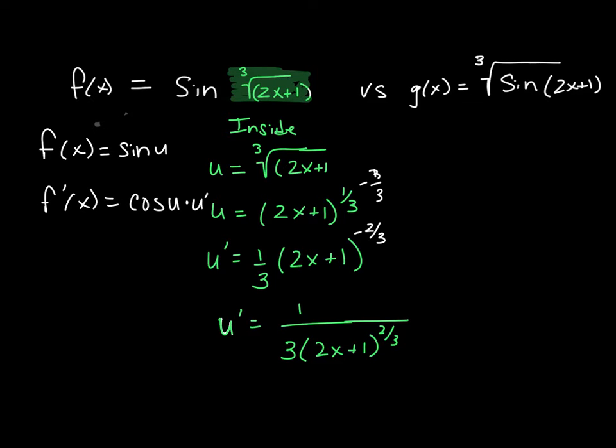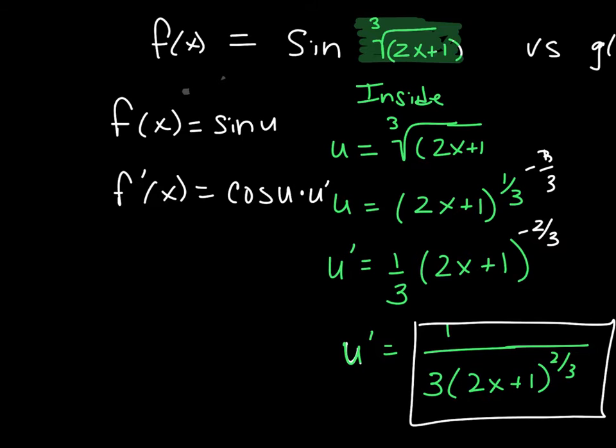And we already said that u prime is equal to all of this. So plugging all of that back in, I'm left with f prime of x equal to the cosine of u.